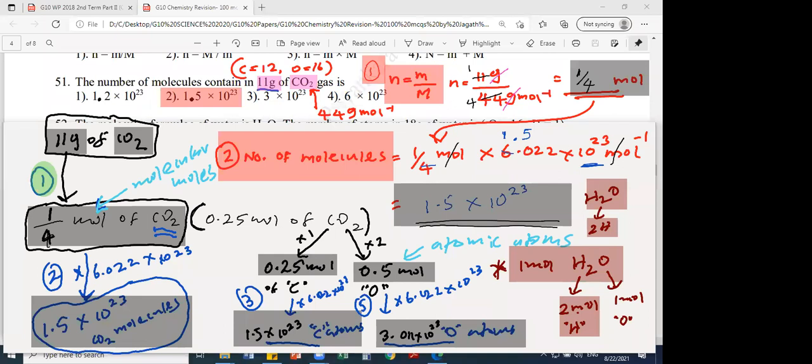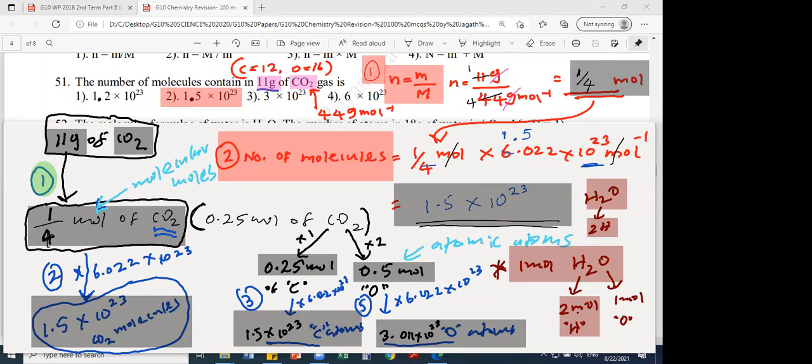But if you take 1 mole of humans, how many moles of heads? Same amount. That's why I told you, 1 mole of water has 1 mole of oxygen, like 1 mole of humans having 1 mole of heads. 1 man, 1 head. But 1 mole of humans, 1 mole of heads. Then how many heads? 1 mole into 6.022 into 10 to the power 23.